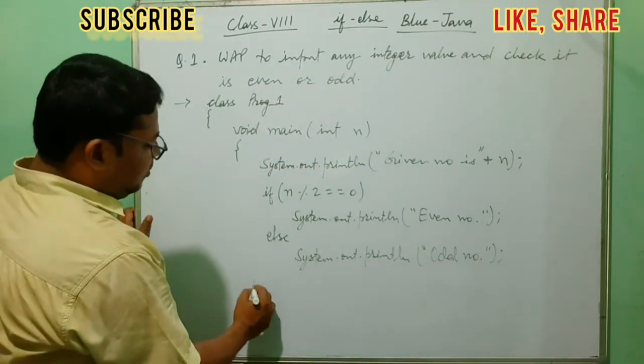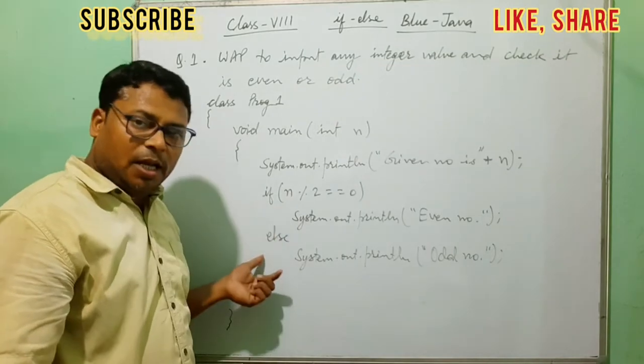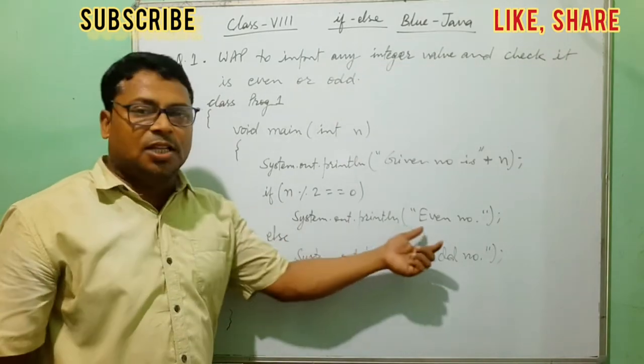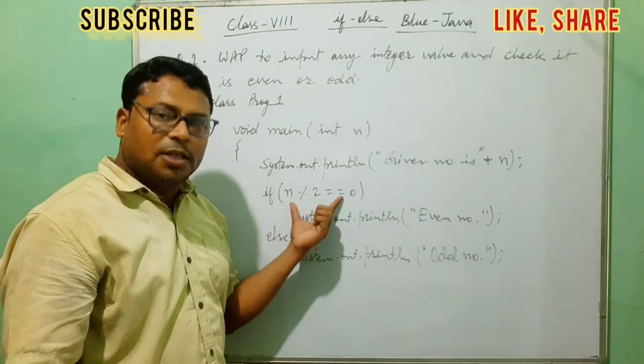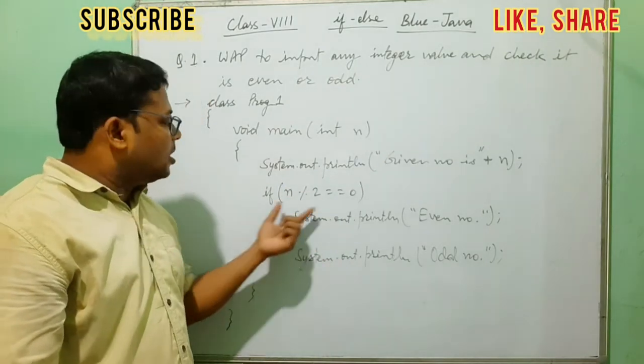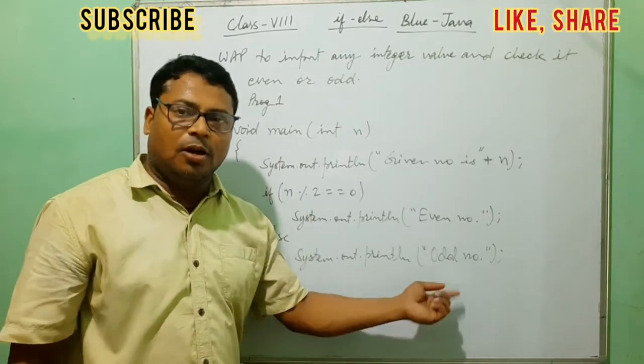Then close main and class. You see if and else both have one statement, displaying even number for if. Else means when the condition is false, it will go in else. Condition false means the number is not even, then we display odd number.